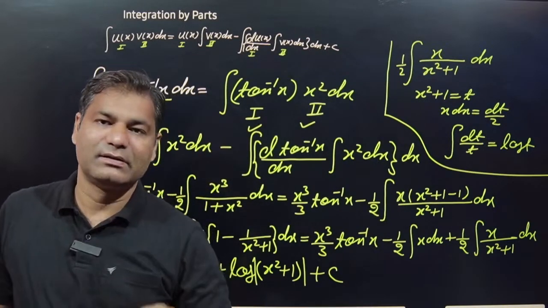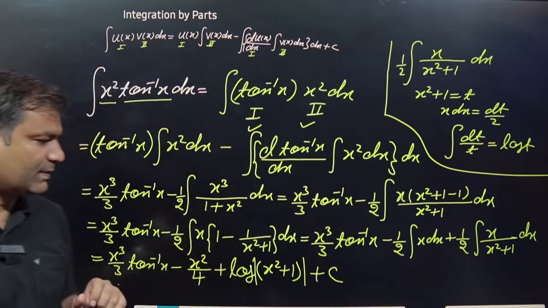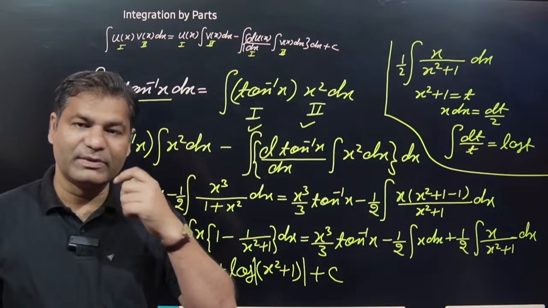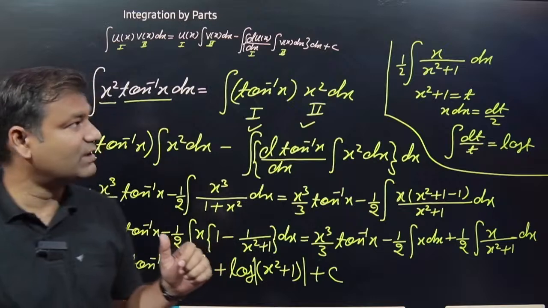So if we apply that formula and take tan inverse x as second function and the polynomial as first function, then it is polynomial into integration of tan inverse x, which I don't know. So that's why we take the inverse trigonometry function as first function. Then what is the advantage?